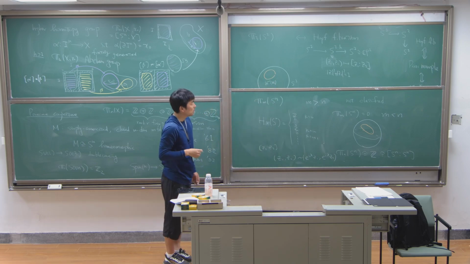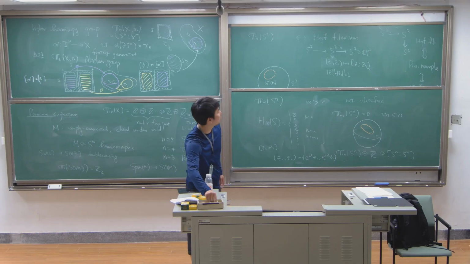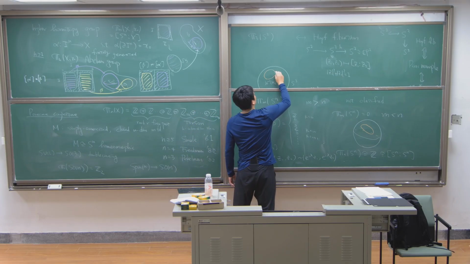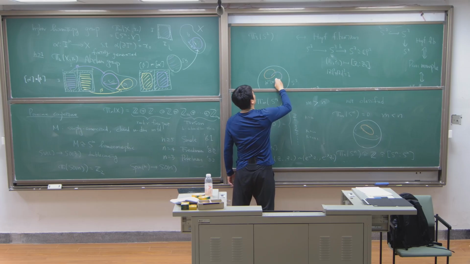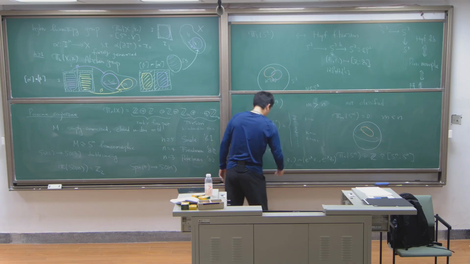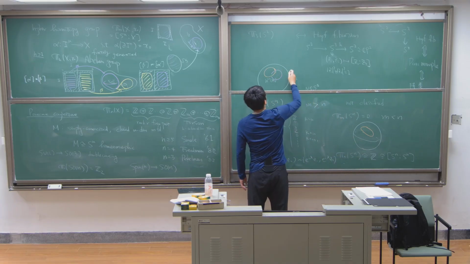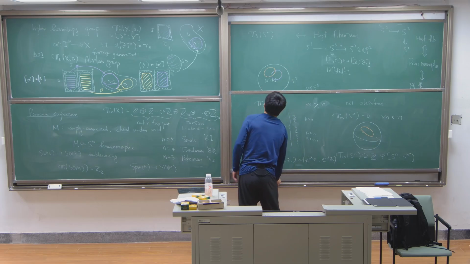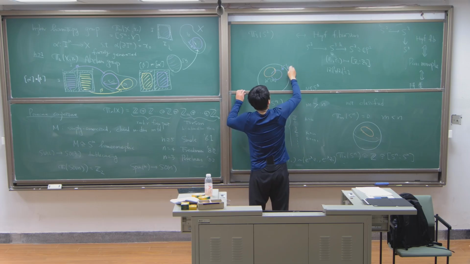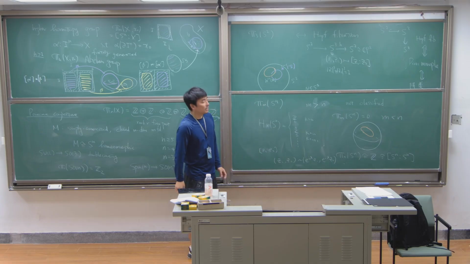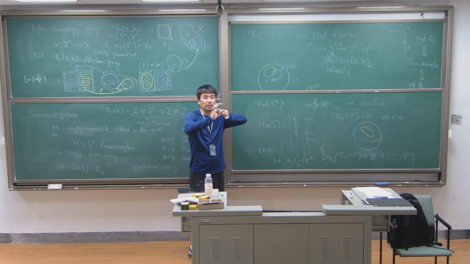If you look at the preimage of the south pole, you get another circle. And they link together inside S3.